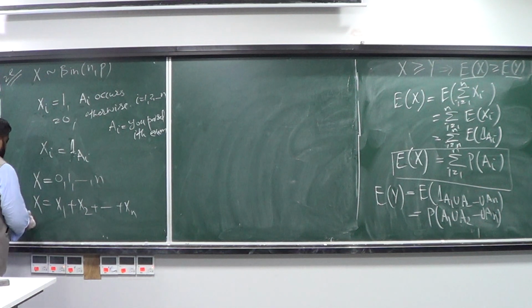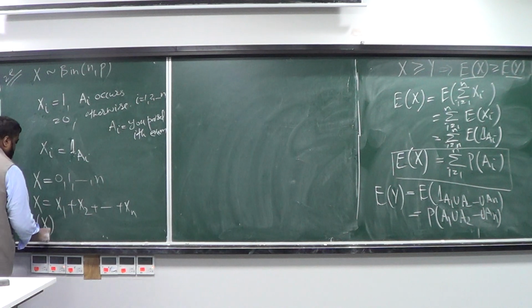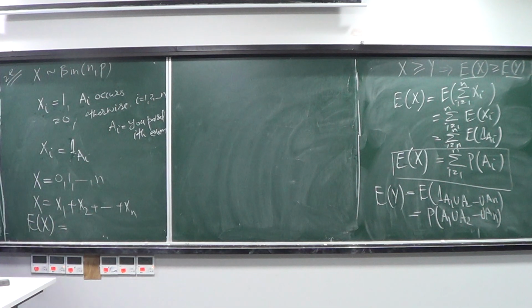Now, if I want to compute the average number of exams that you're going to pass, by the way, if x is binomially distributed, we already know its average, so it's np. The question is, are we going to get np through this as well?